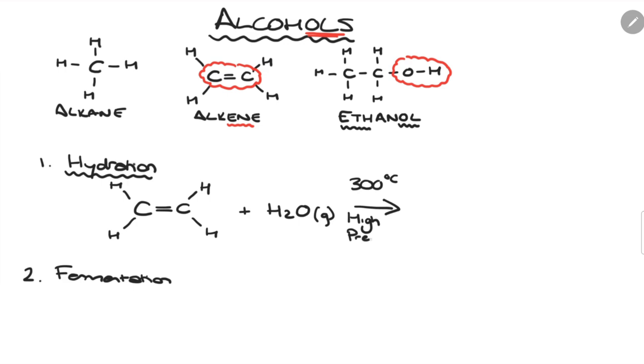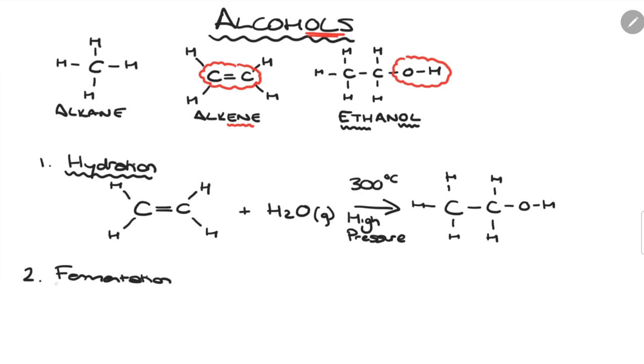So we'd squash all this stuff together under a high pressure and a high temperature. And what we would do is get the water molecule to react with the ethene and create our alcohol product at the end of the reaction, and that would be a direct hydration method.